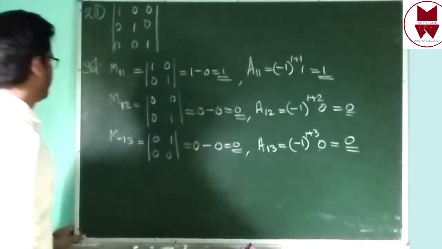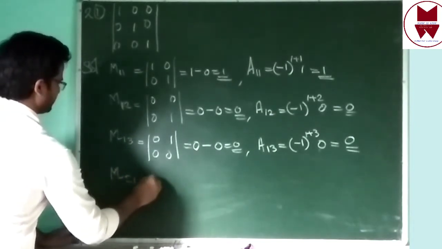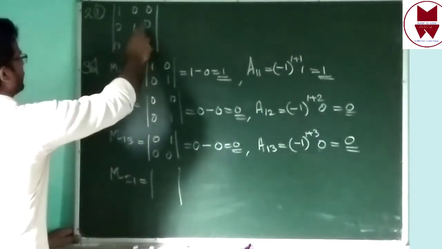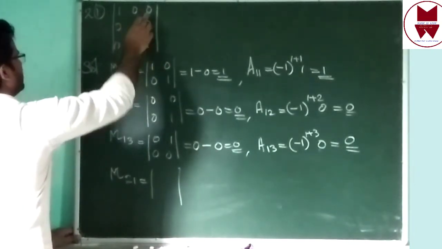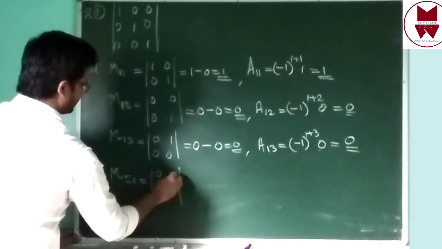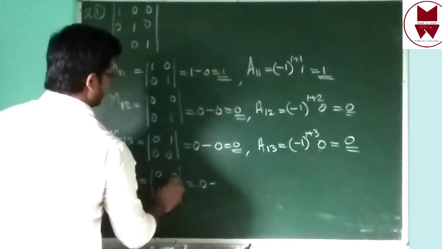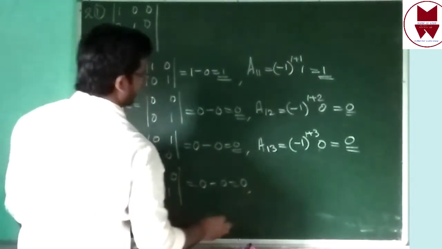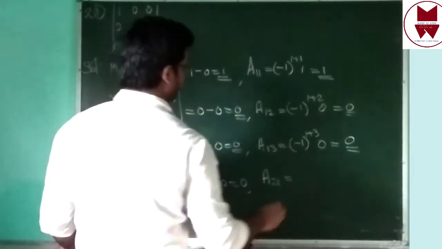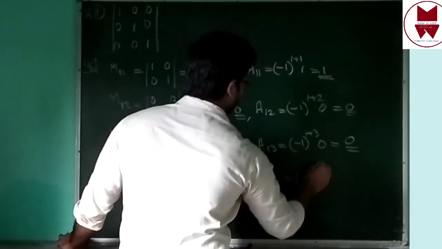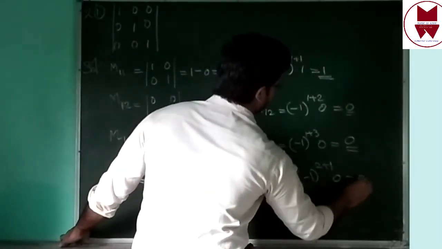Multiple by 0. Then next M21. Second row and first column. Leave it second row and first column, then remaining 0, 0 and 0, 1. You'll get 0 into 1, 0 minus 0 into 0, 0. Then A21 we can write minus 1, 2 plus 1, then minor already got it, that is 0. Answer will be 0.